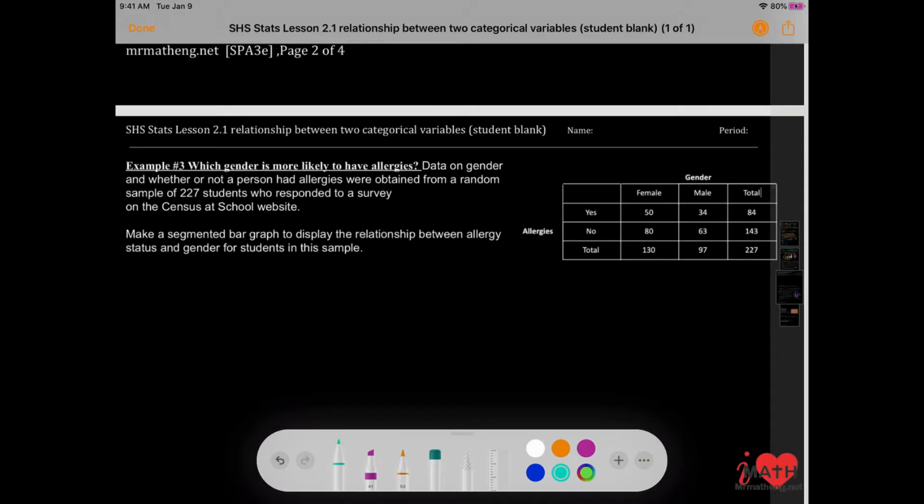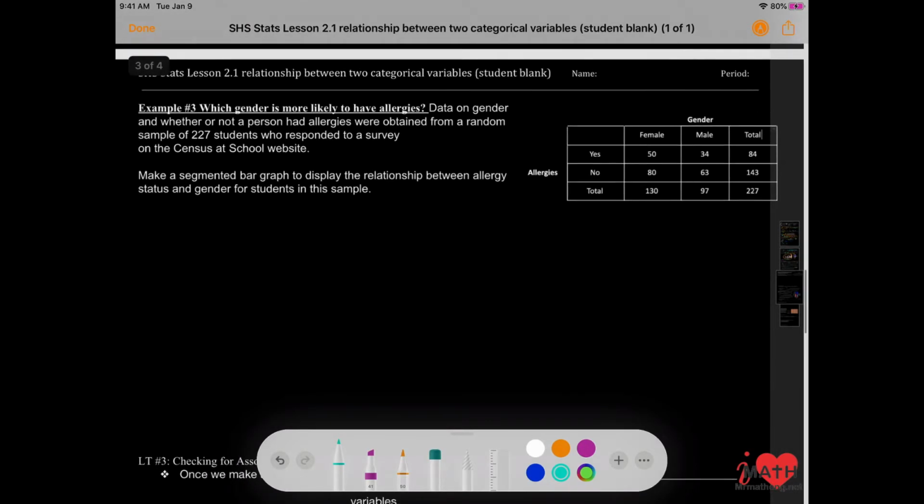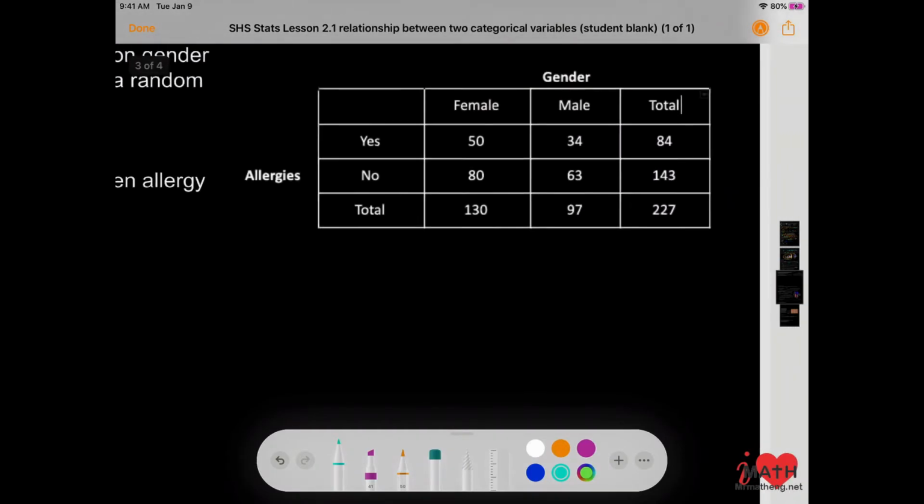All right, here we go, guys. Page 3. Which gender is more likely to have allergies? Data on gender and whether or not a person had allergies were obtained from a random sample of 227 students who responded to a survey on the census at a school website. So here we have a table.